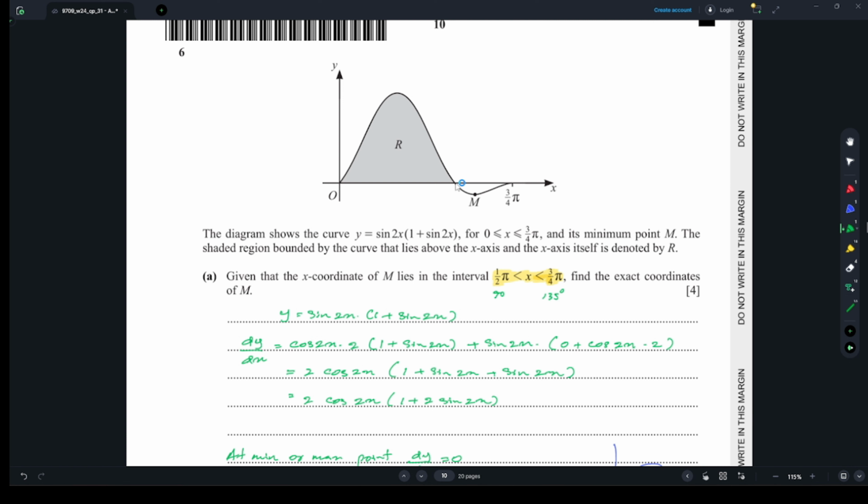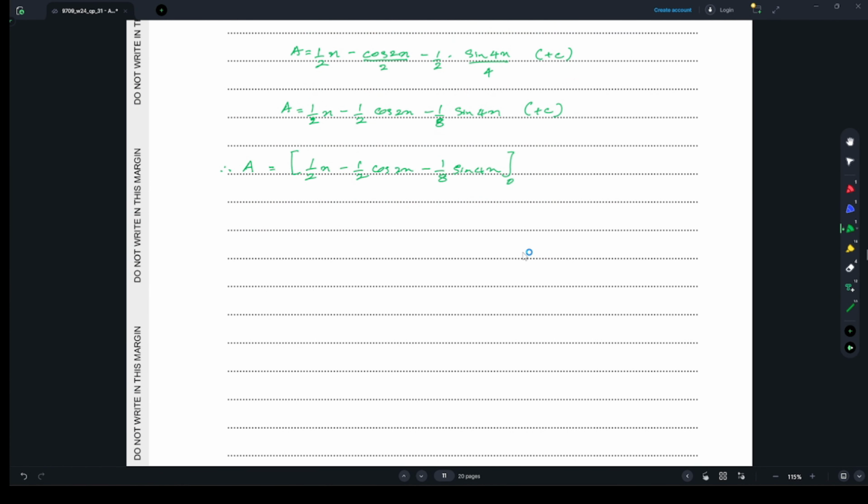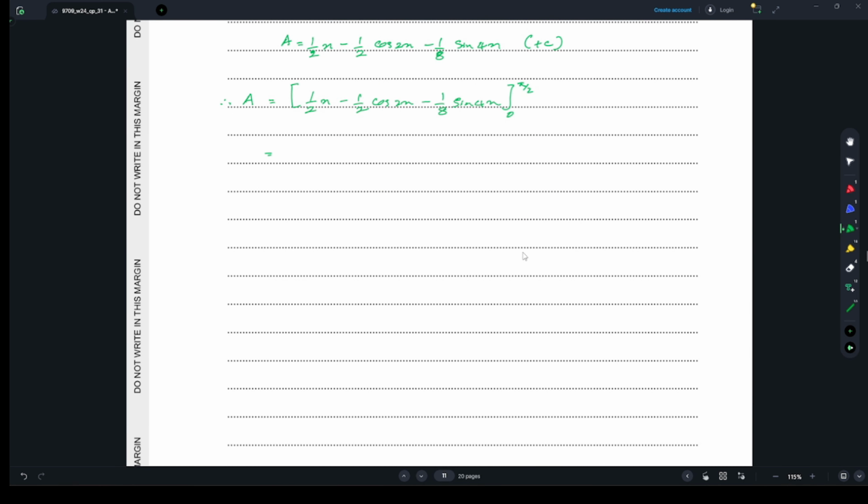Because at 180, so instead of x, if you substitute pi over 2, 2 cancels, so sine pi is 0. So again this one will be 0. So the region is from 0 to pi over 2. Okay, so you can find the answer here.